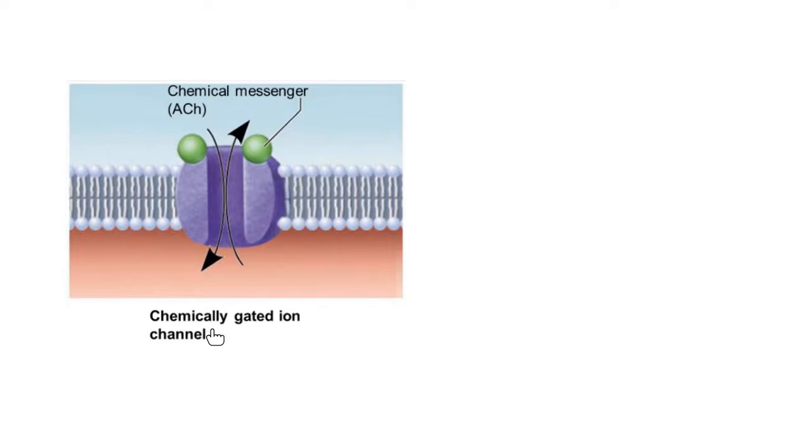Chemically gated channels, remember, use a chemical key to open up, to get things in. When we're talking about that first part of the graph, here, I'm going to freehand my graph over here. There's that graph. Okay.